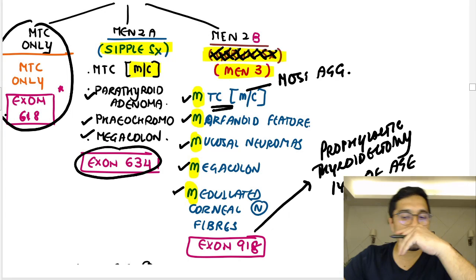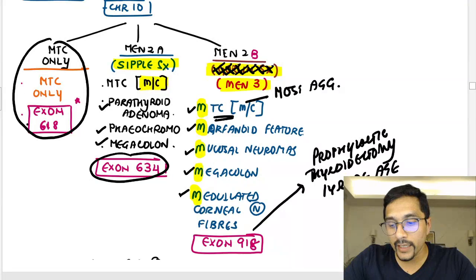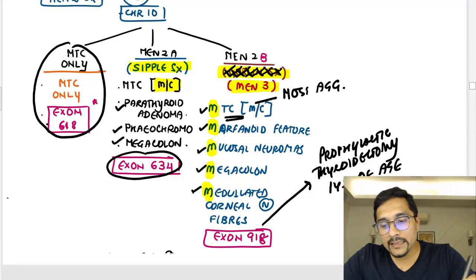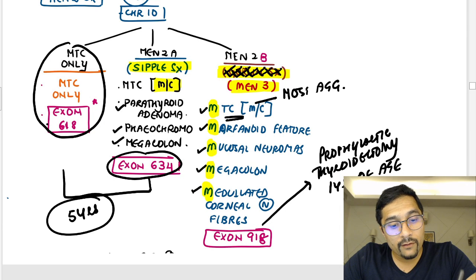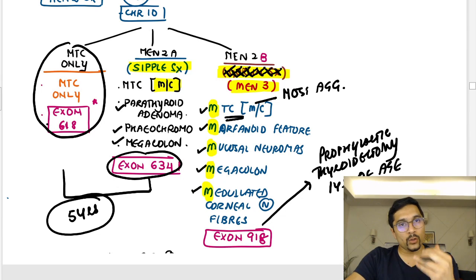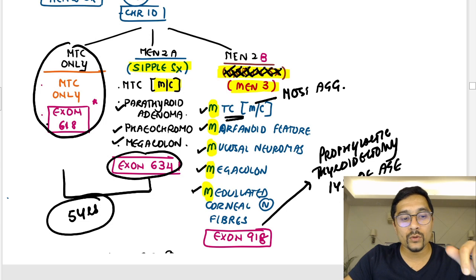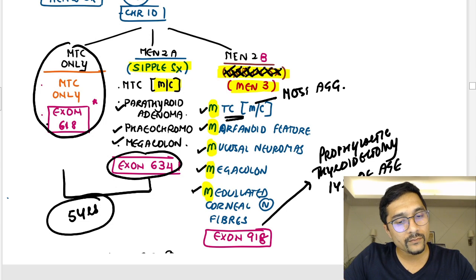Whereas if it is exon 618 or 634 mutation, the prophylactic thyroidectomy can be done up till 5 years of age because they are low to medium risk as opposed to MEN2B mutations.